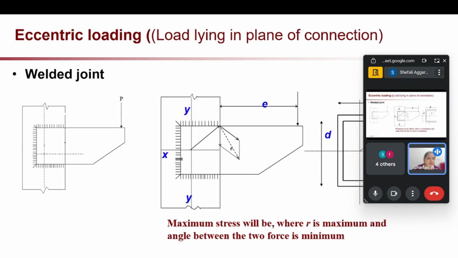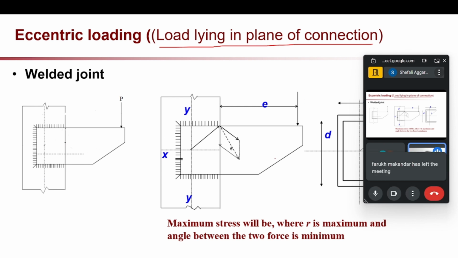Next is the eccentric loading in case of welding. First we have seen it in case of bolts, and next we see it in case of welding. Just make sure that all this eccentric loading we are doing is for loads in the plane of connection. This is the plane of connection, and our load is acting in this same plane.